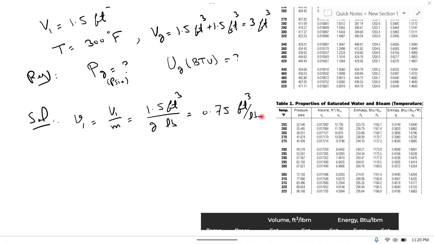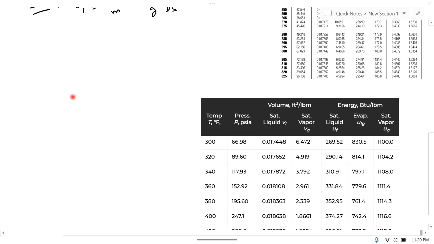Now we check in which region the water is initially. There are three regions: subcooled region, mixed region and superheated region. So this is the T-v diagram, temperature in degrees Fahrenheit and specific volume in cubic feet per pound mass.